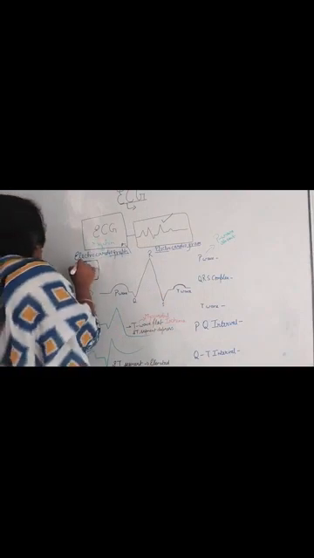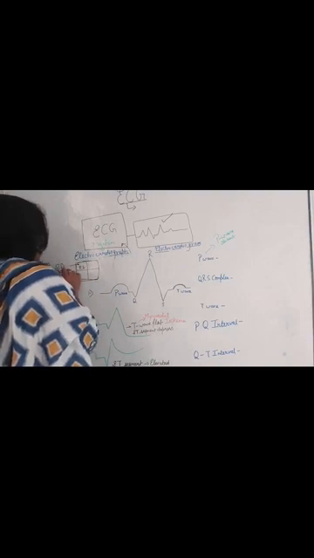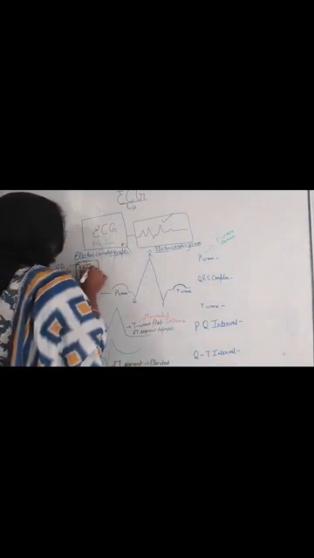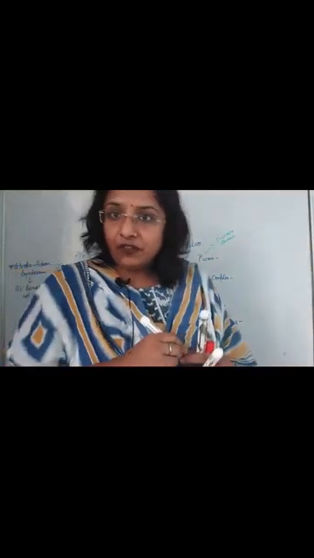The right atrium contains the SA node, nodal tissue which generates impulses leading to the contraction of the atria, at 72 beats per minute.